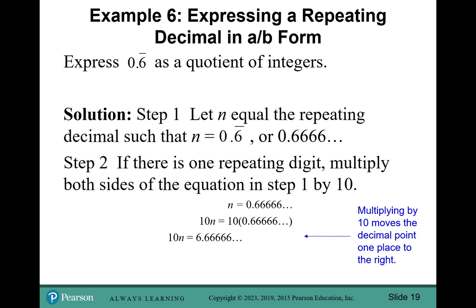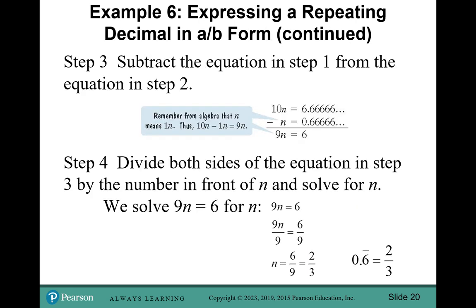Step 2, if there is one repeating digit, multiply both sides of the equation in step 1 by 10. If I multiply both sides by 10, I have 10 times n equals 10 times 0.6 repeating, which simplifies to 10 times n equals 6.6666 repeating. Multiplying by 10 moves the decimal place one place to the right.